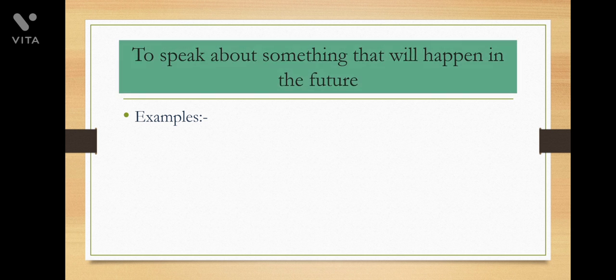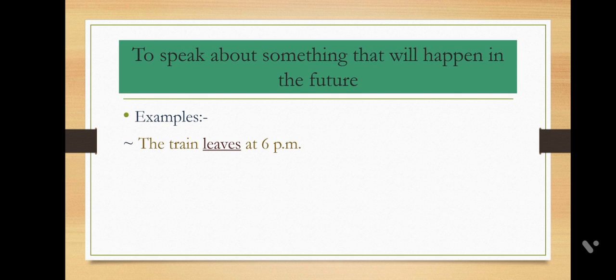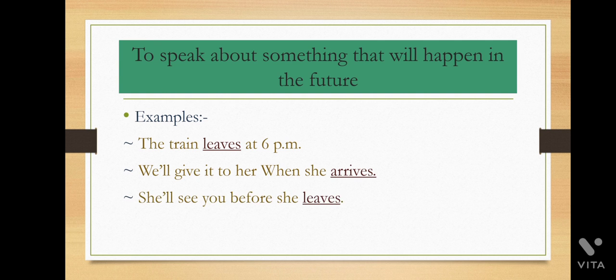For example, the train leaves at 6 p.m. We will give it to her when she arrives. First, she is going to arrive and then we are going to give it to her. She will see you before she leaves. That she is going to meet you before she leaves wherever she is going.